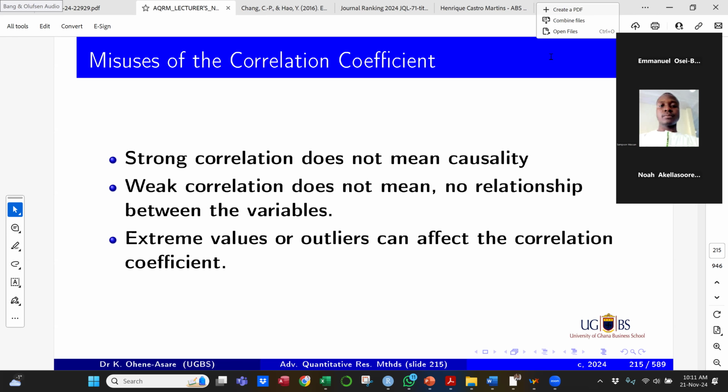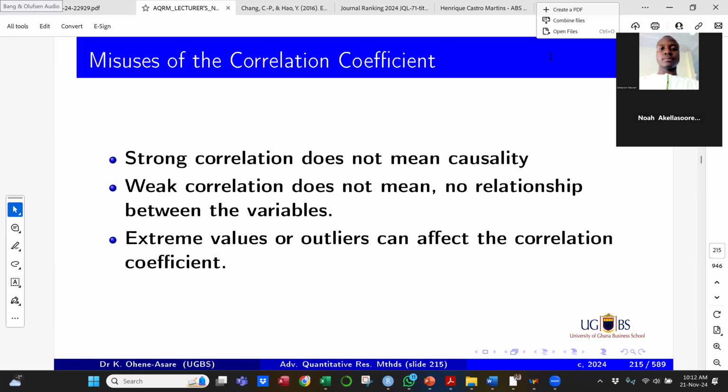But correlation doesn't mean causality. That a hot temperature will necessarily lead to an increase in sale, but it's just establishing the relationship between the two. Thank you. Not exactly what that means. We've tried, but not exactly what that means at all.